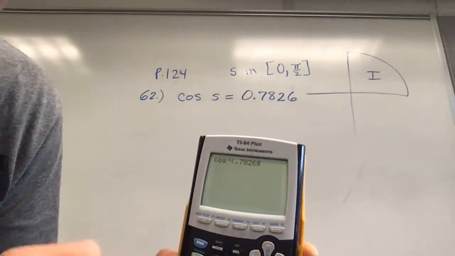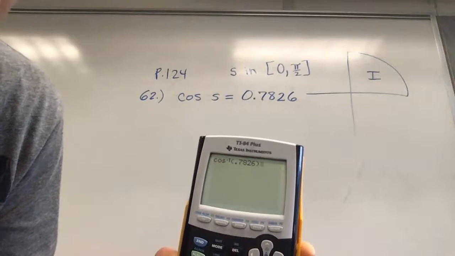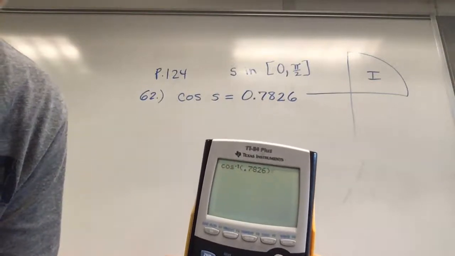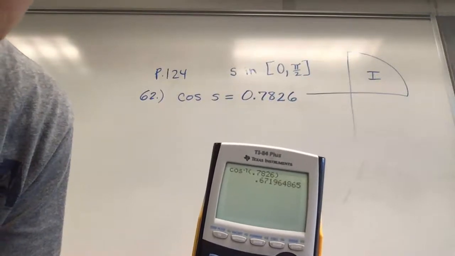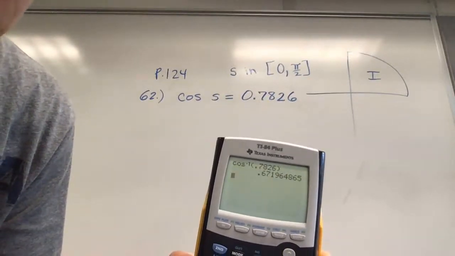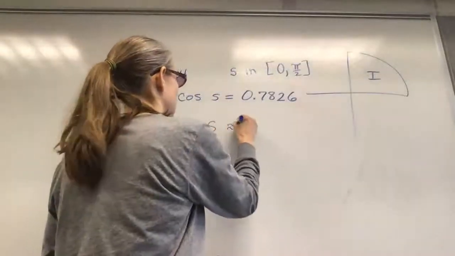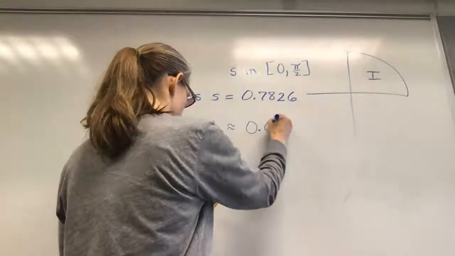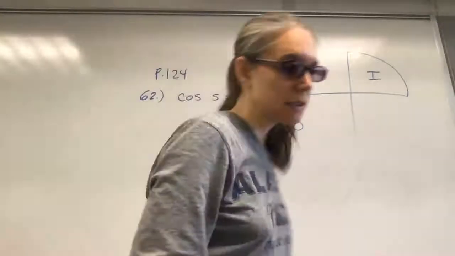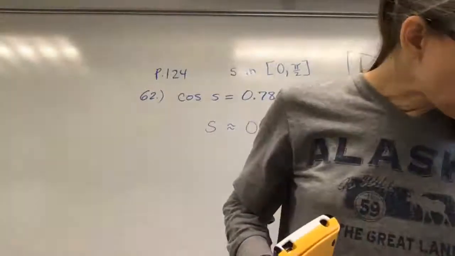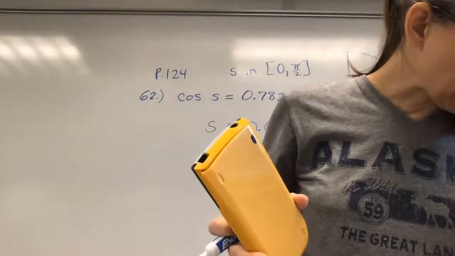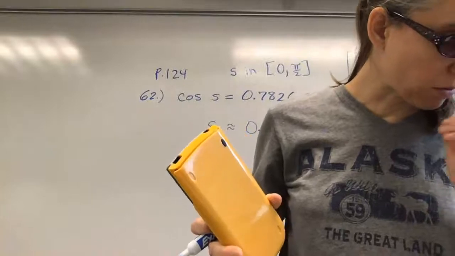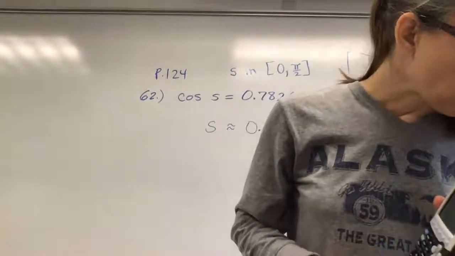Arc cosine or inverse cosine will send you back to the S value between 0 and pi halves. And so that's going to give me 0.6719, but that will round to about 0.6720. This is supposed to be an approximate value, and they also in the book round to 4 decimal places.